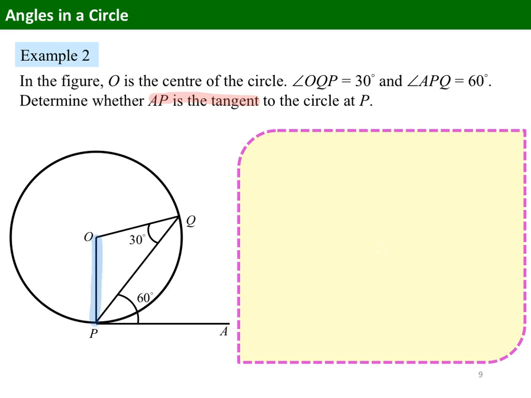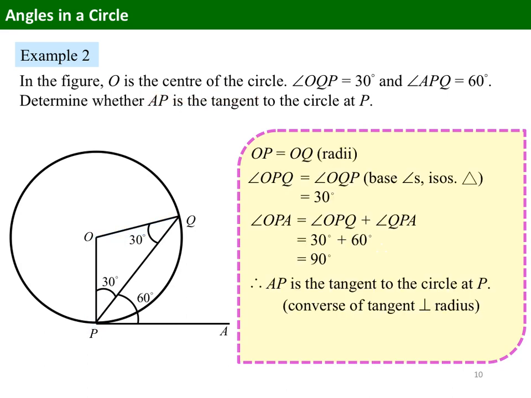Since OP and OQ are radii, triangle OPQ is an isosceles triangle. Then angle OPQ equals 30 degrees. And then angle OPA is 30 degrees plus 60 degrees. Then we have 90 degrees. And we may write down like this.